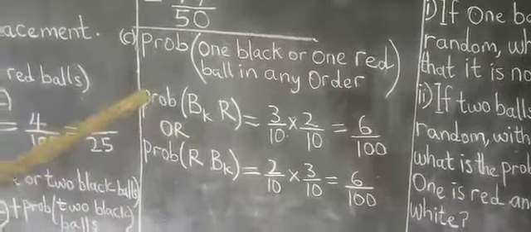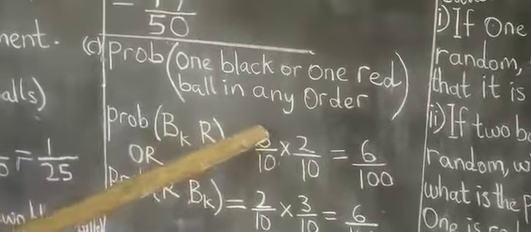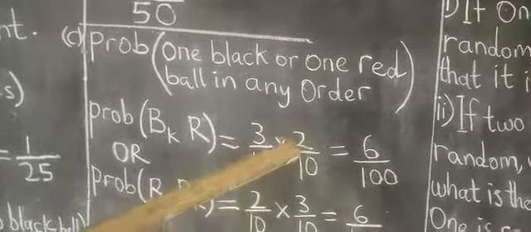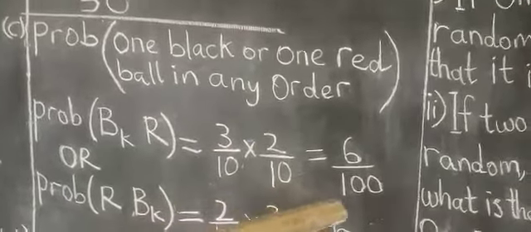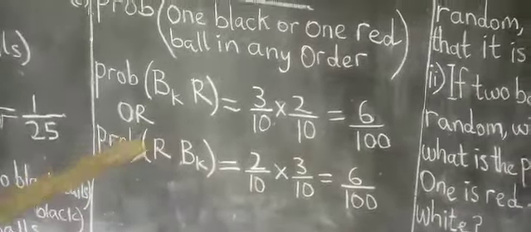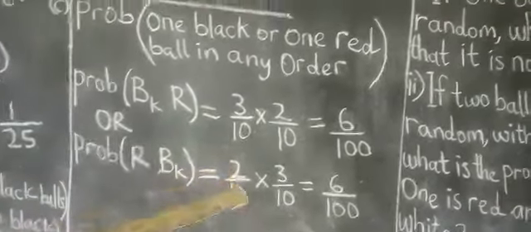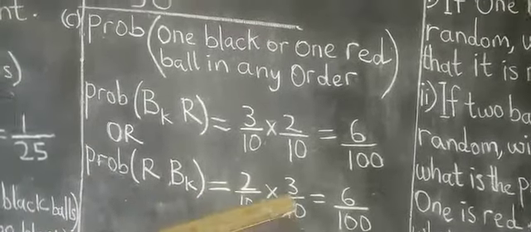Whichever the case may be, we want to see probability black, red means 3 over 10 times 2 over 10, and that results in 6 over 100. Or probability red, black. If red comes first, we have 2 over 10 times 3 over 10.